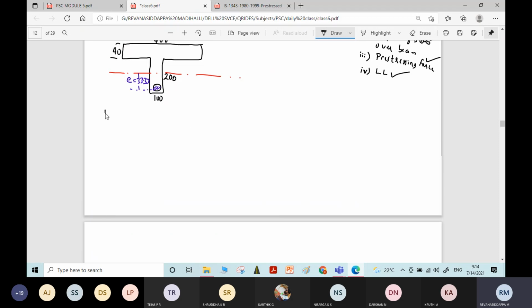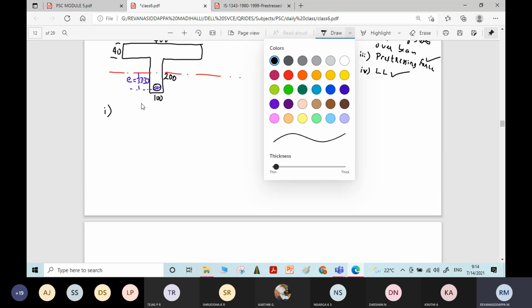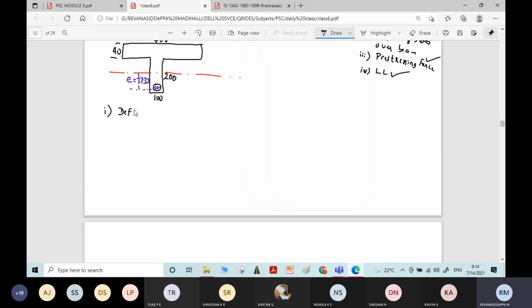First one, deflection due to dead load or self-weight of the beam.